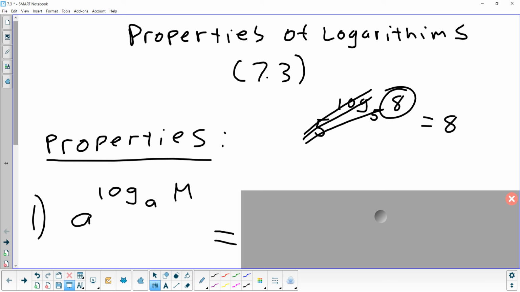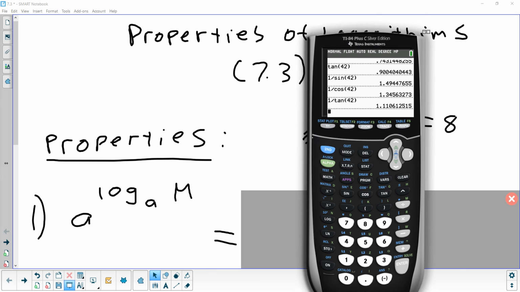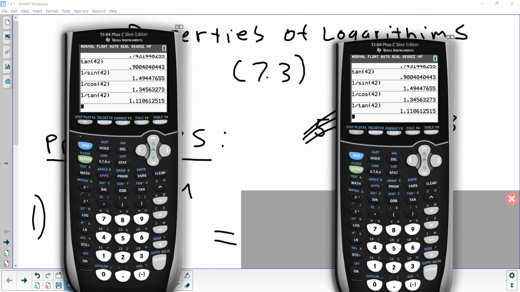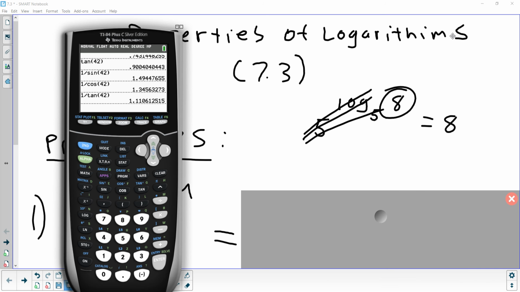All right. I can show you that as an example by typing it in. Log base 10 is one of the bases the calculator can do automatically. But I can do other bases on a graphing calculator, so let me type that problem in. 5 raised to, let's see, log base 5 of 8.